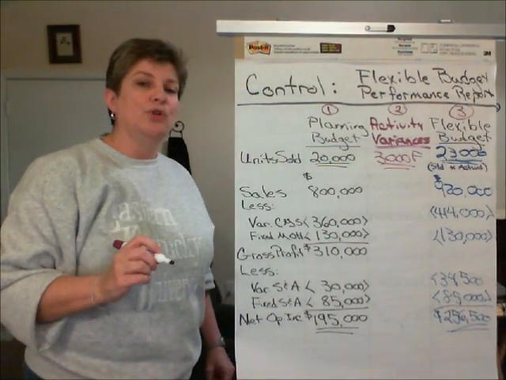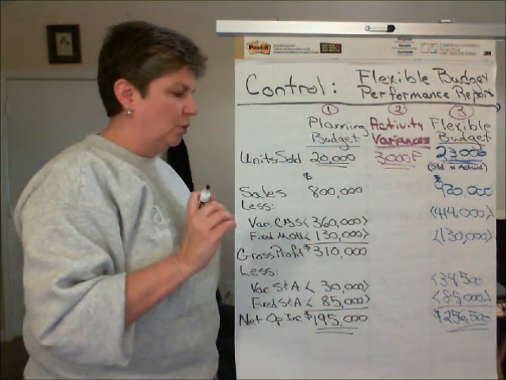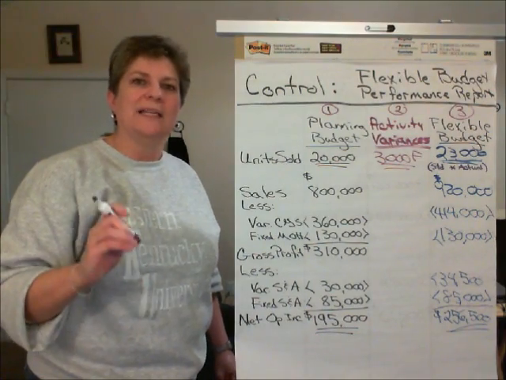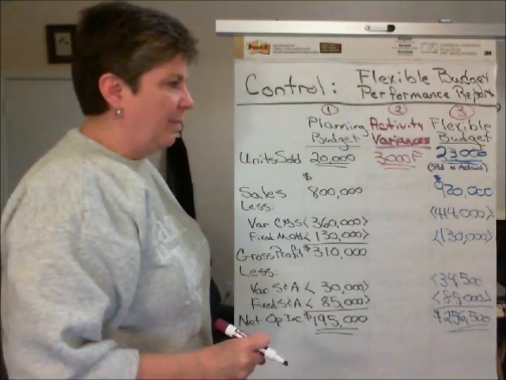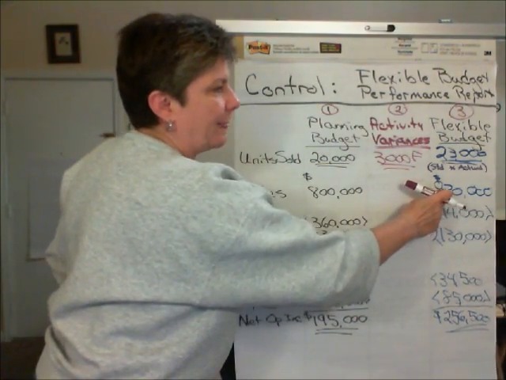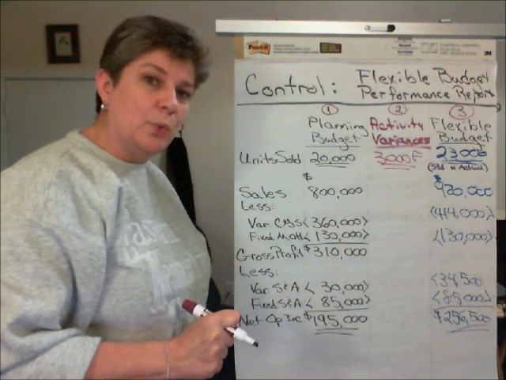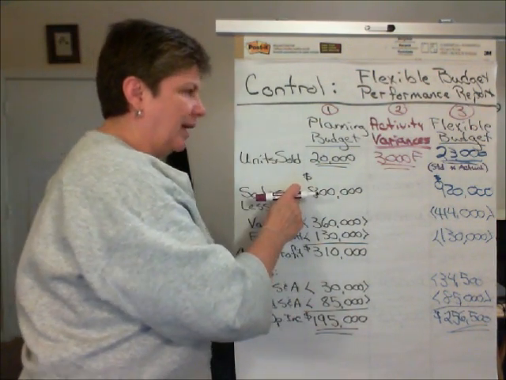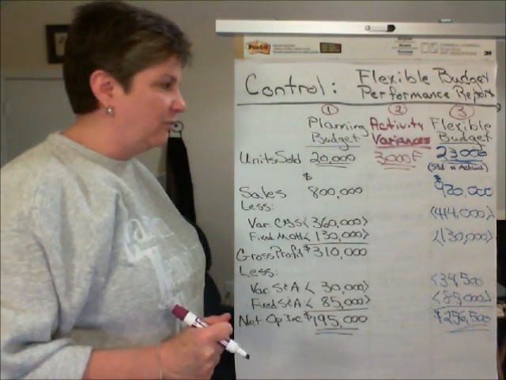Now, what portion of the revenue difference between actual and plan is strictly due to activity? Well, column 3, our flexible budget amount, shows that at 23,000 units we should have had 920,000 in revenues, and the plan for 20,000 units was $800,000 of revenue.